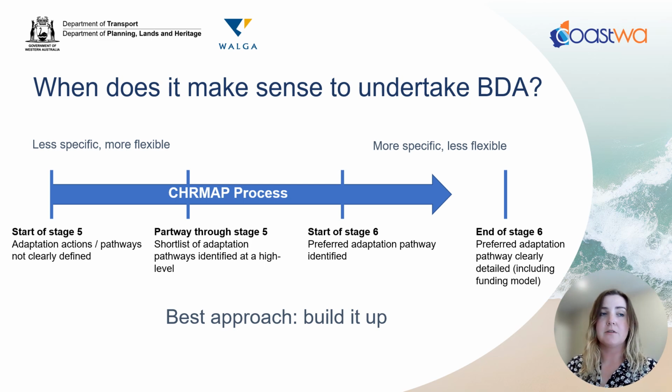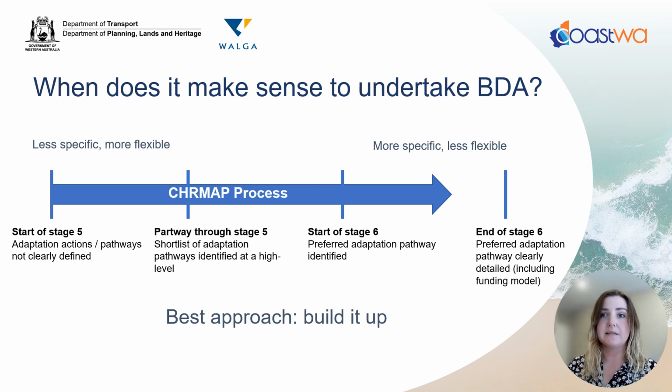If you're looking at it, for example, at the start of stage 5, you won't have specific adaptation options, but you can start to think about who might benefit from different types of adaptation actions, who's going to be affected in different locations, and just get a better understanding of who may be affected by different options. Another consideration might be when you're doing a cost-benefit analysis.